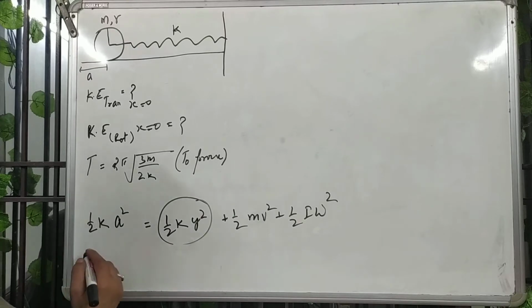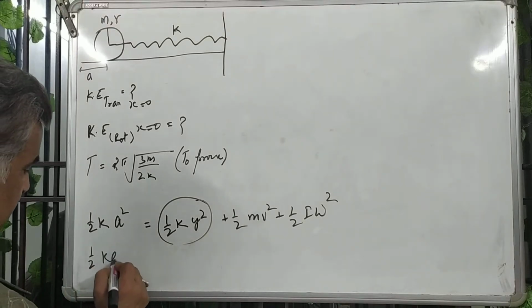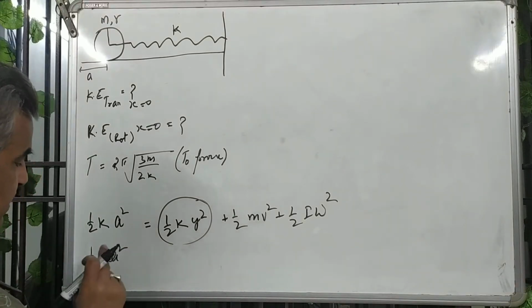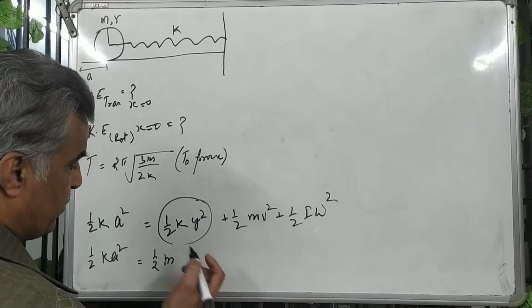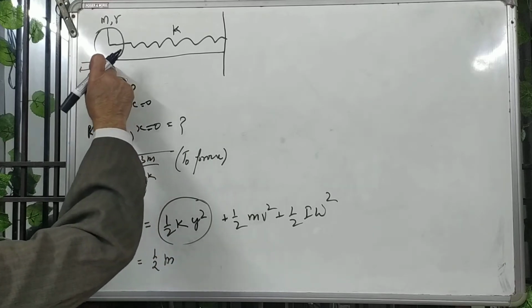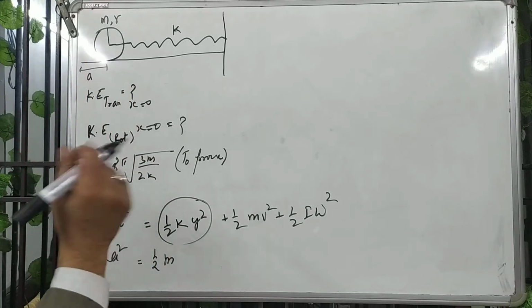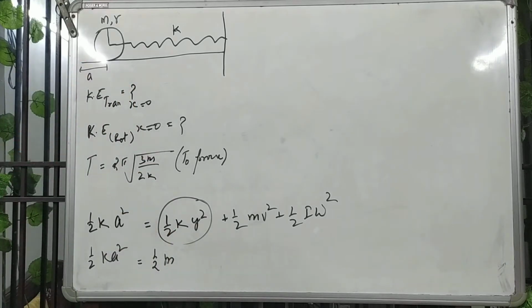In this, half k a square is given, k is given, a is given, equal to half m v square plus half I omega square. Now the question is, what will be the velocity at this point?